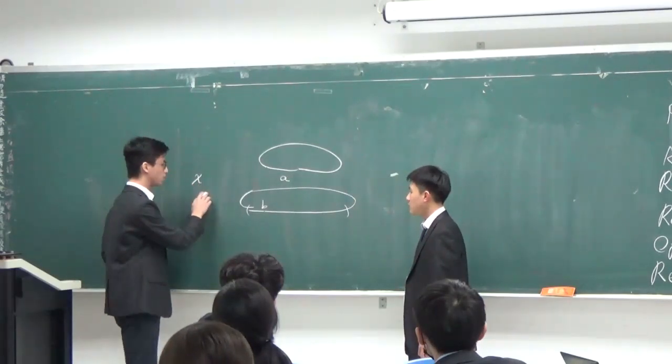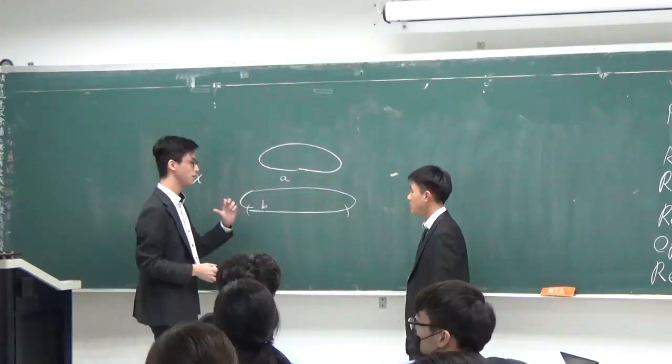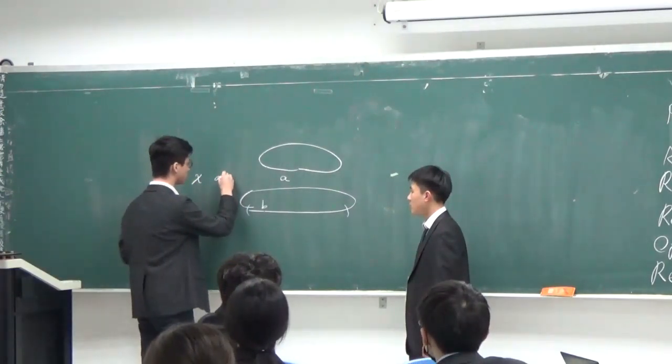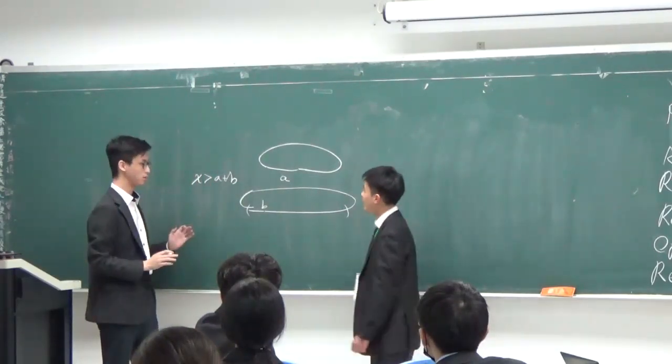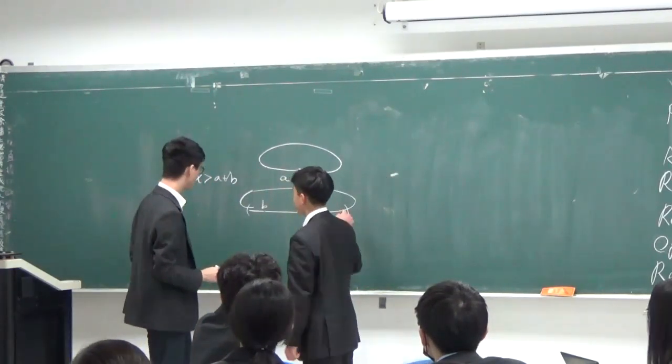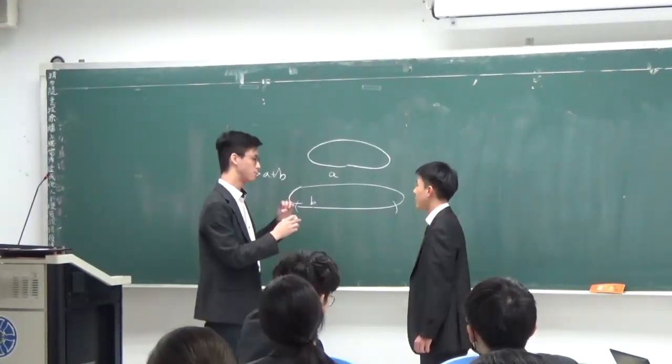So in order to not let the thinner string exceed this elasticity limit, a plus b must be smaller than x. Wait, I thought x was... No, x is the elasticity limit that the rubber band can reach.